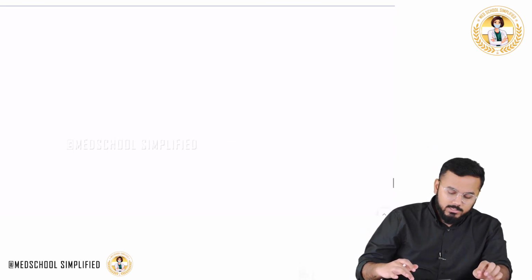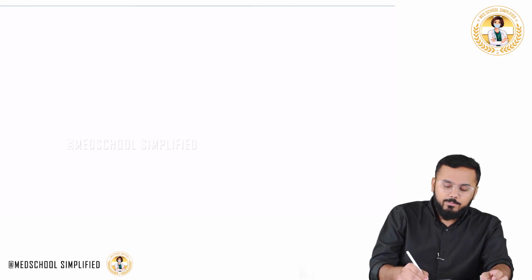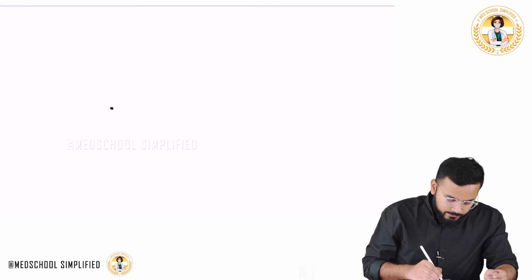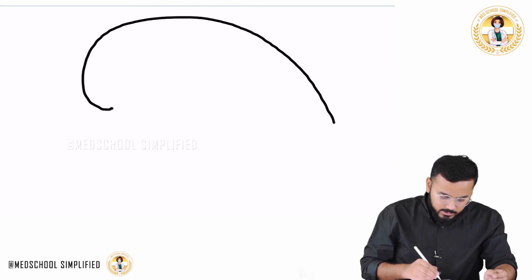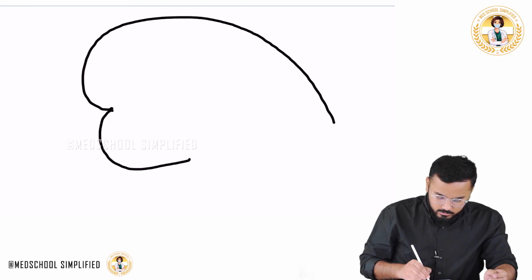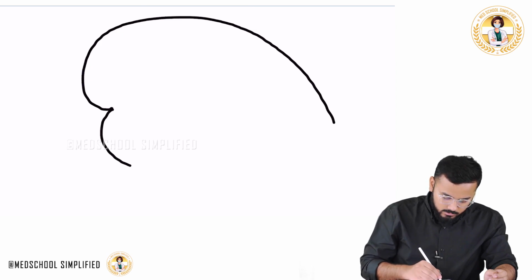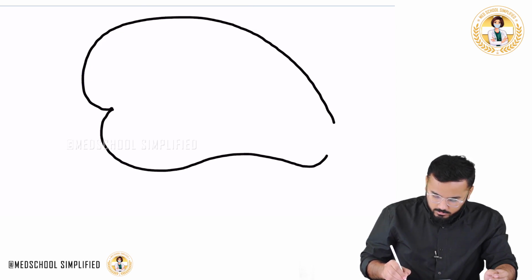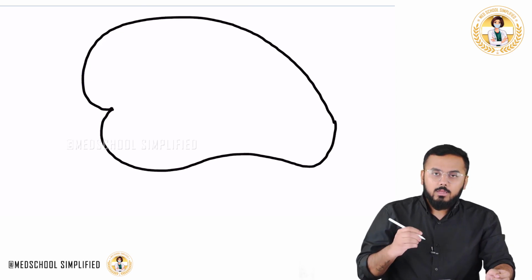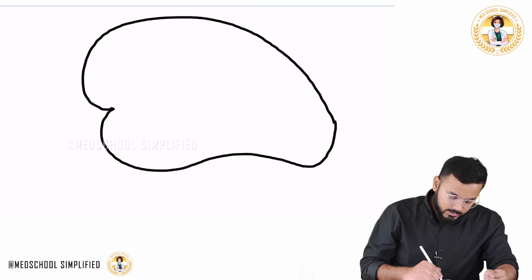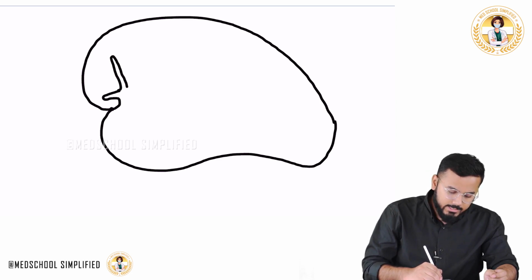Now let us draw the same picture again and see what happens when these structures are stretched out. Let us say this is the surface. As I have already discussed, this is the anterior horizontal ramus, and next we have the anterior ascending part.